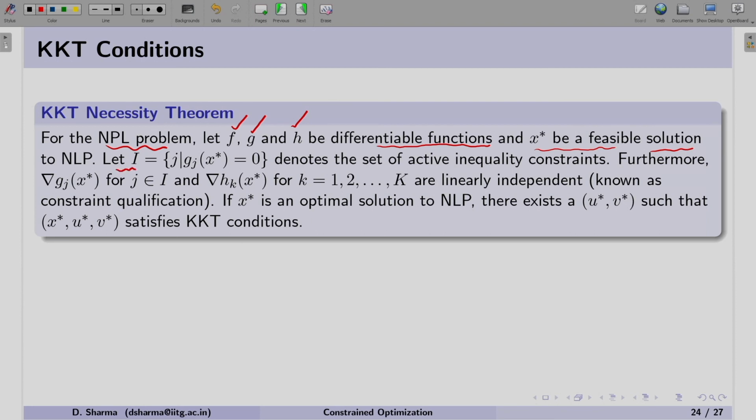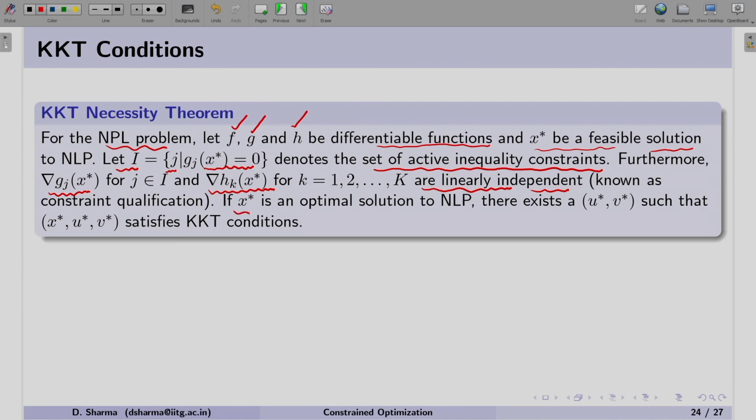Here let I be the set of all those constraints which are active at a point, say x star. So that denotes that the set of active constraints is copied to I. Furthermore, the gradients of the inequality constraints which are active and the gradients of the equality constraints are linearly independent. So this condition has to be satisfied.